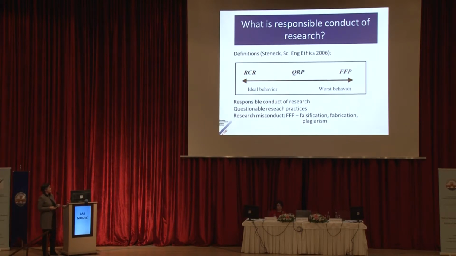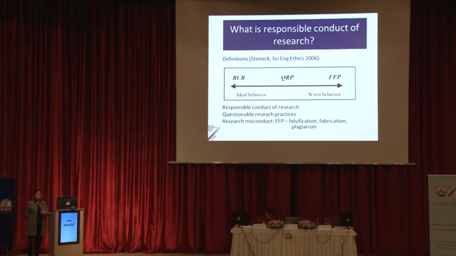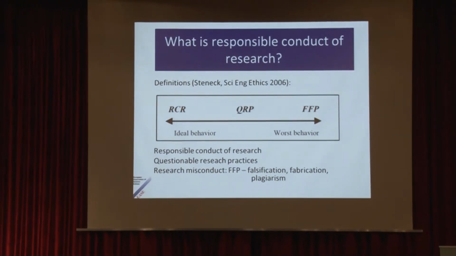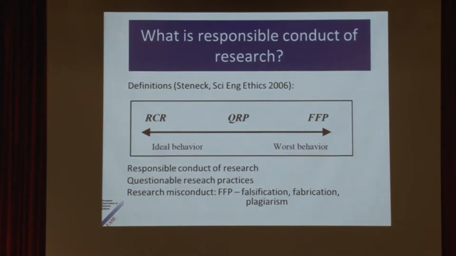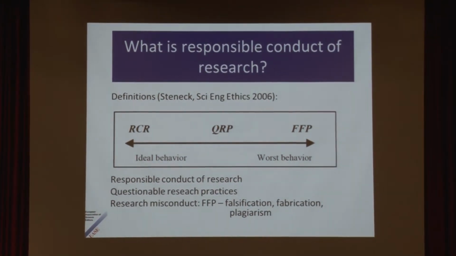This is a definition that is accepted today in the field of research integrity. This has become a research field. Before, it was something that maybe philosophers thought about, but nowadays, for example, the European Union has a whole set of grants in Horizon called science with and for society.